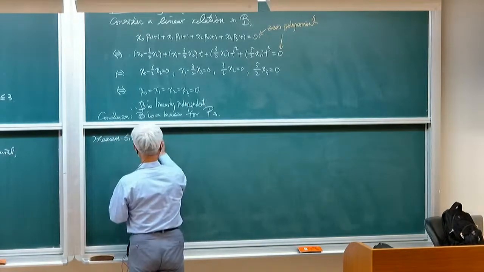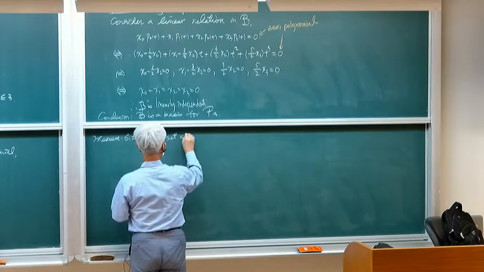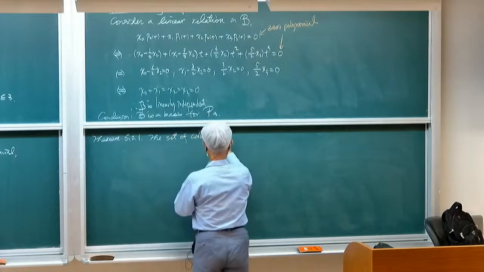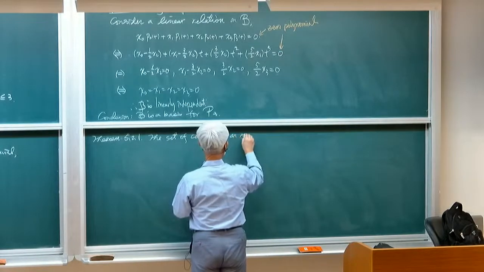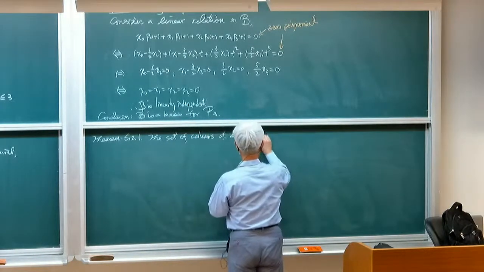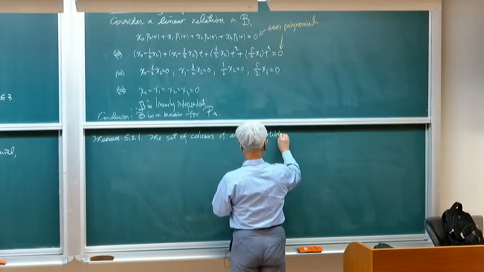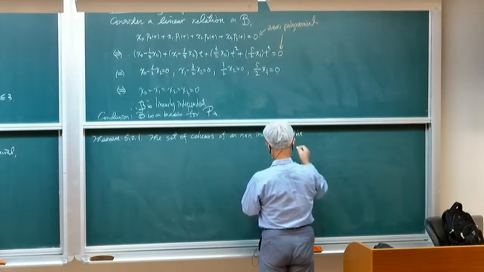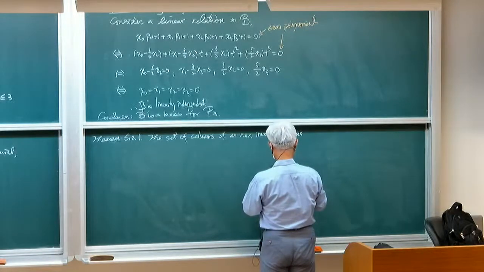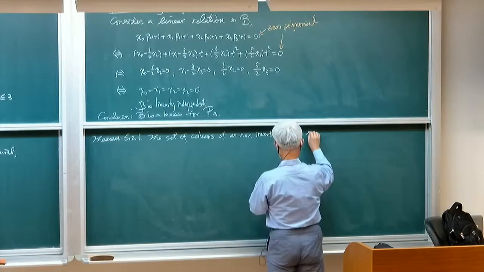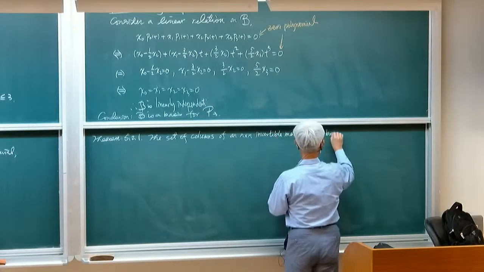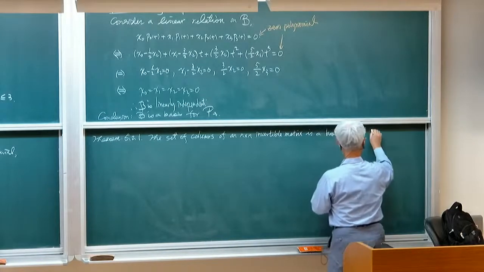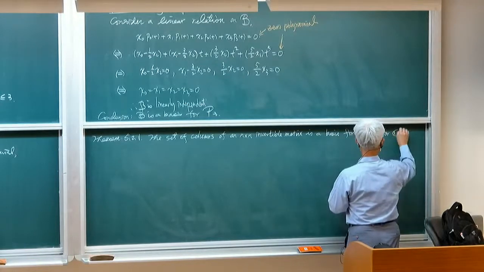All right, so the set of columns of an n times n invertible matrix is a basis for Rn or for Cn.